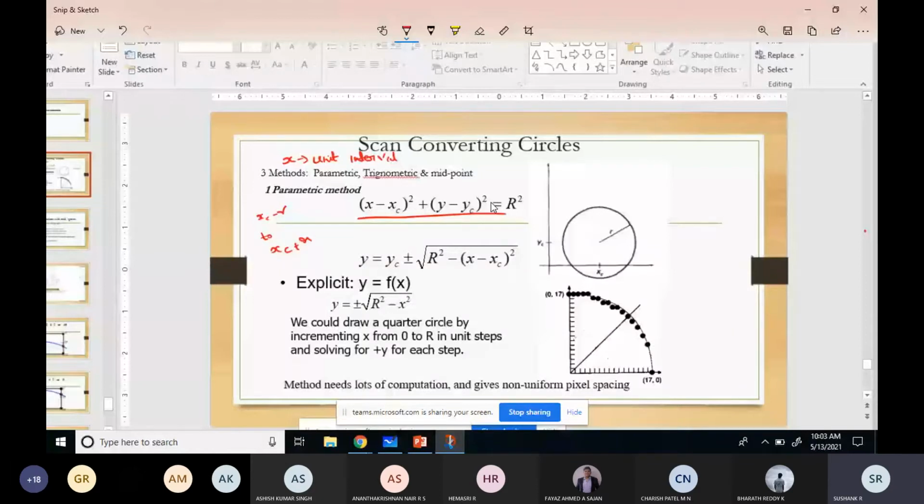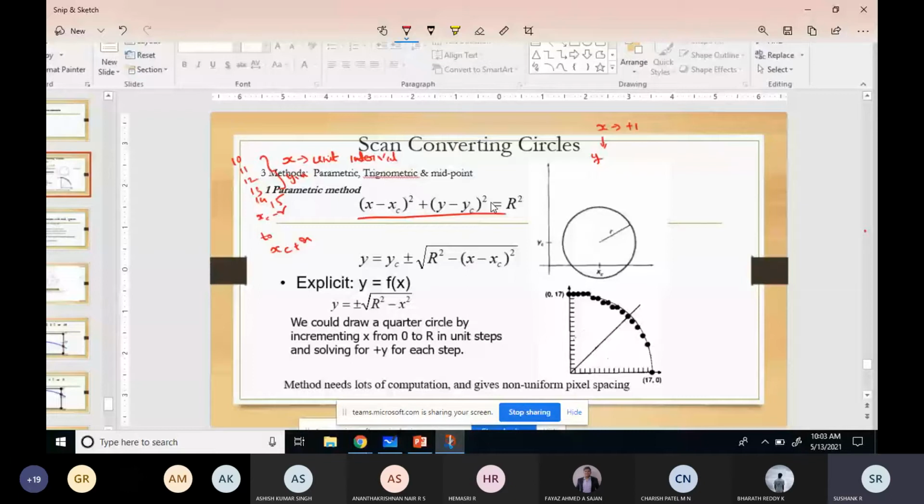So it will move along this direction in unit steps. That is, if it starts at 10, it will go 11, 12, 13, 14, 15. The value of x will be incremented by 1, and for this, the y value will be calculated. Here also, x will move in unit interval, and for the corresponding y value will be calculated.